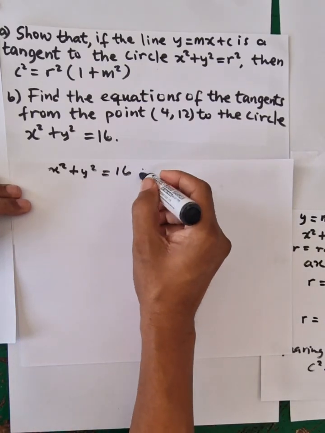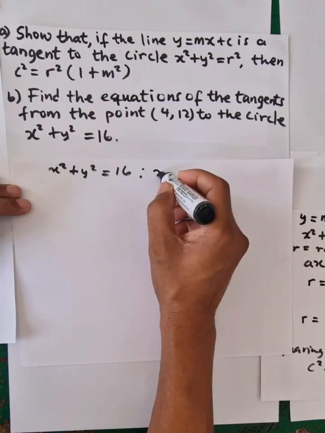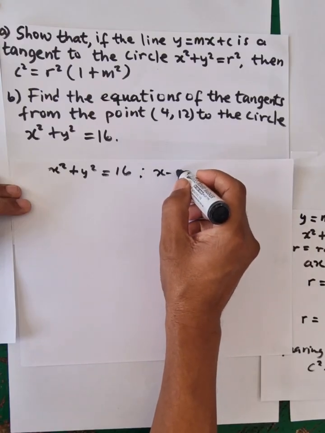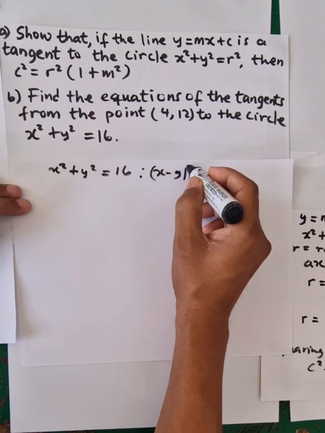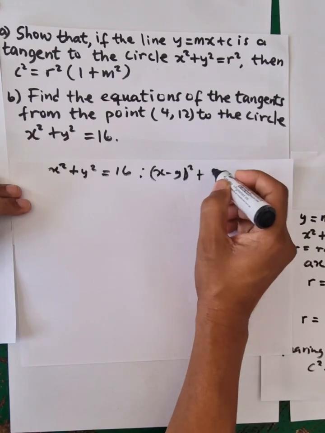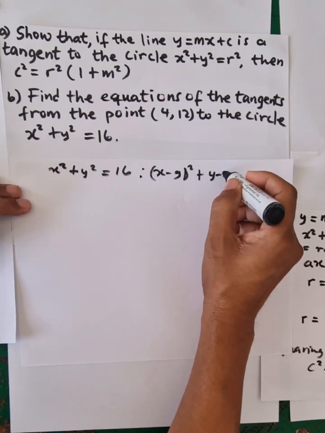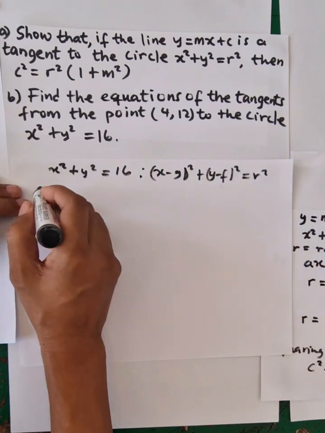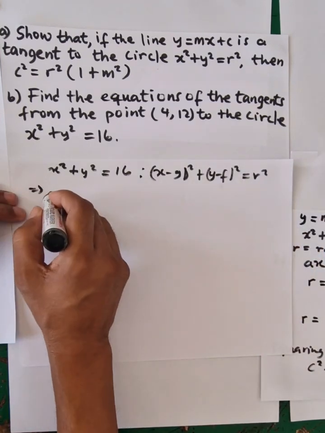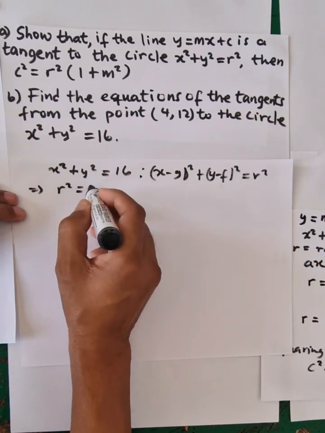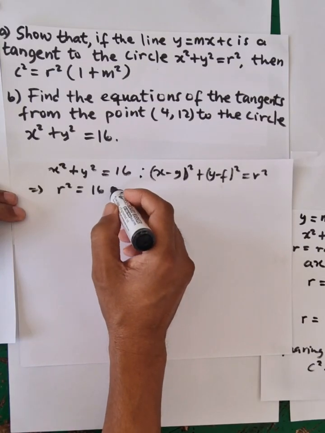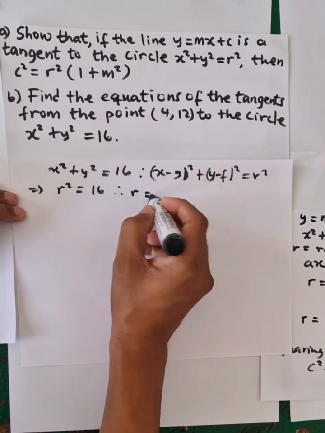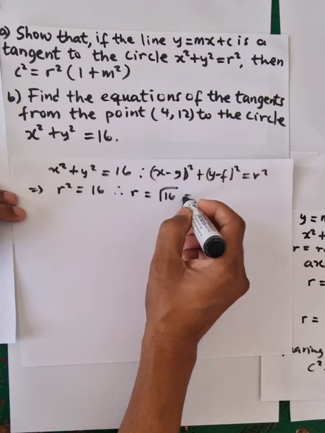Now when we compare this to, of course, the standard equation of the circle, x minus g all squared plus y minus f all squared is equal to r squared, this implies r squared is equal to 16. So, therefore, our r is equal to root of 16, which is 4.